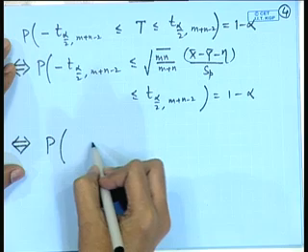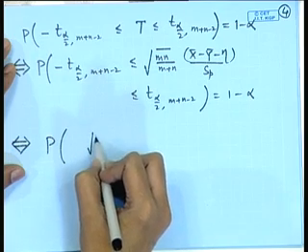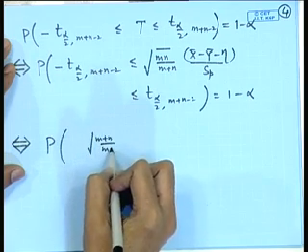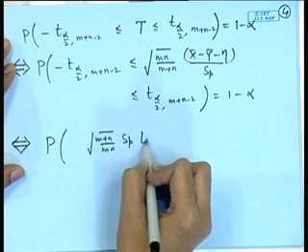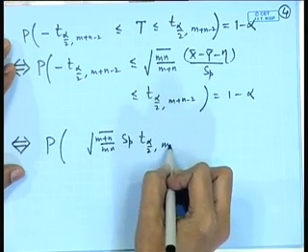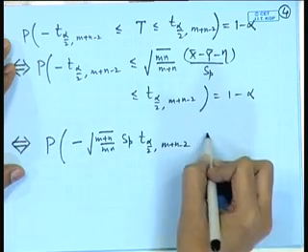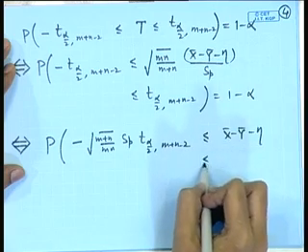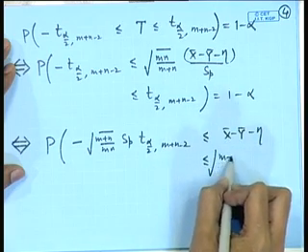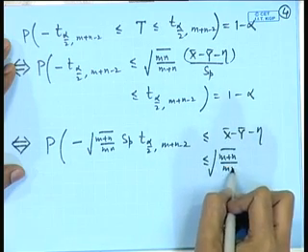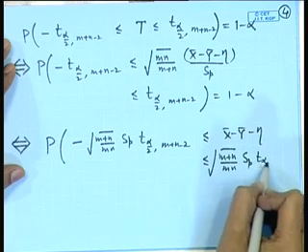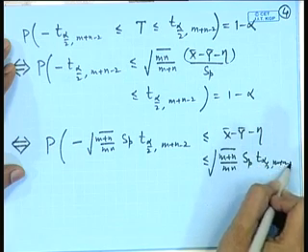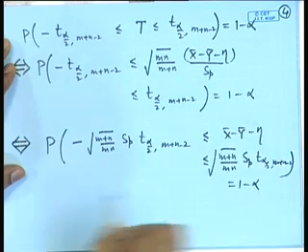So, this is equivalent to minus root m plus n by m n S p t alpha by 2 m plus n minus 2 less than or equal to x bar minus y bar minus eta less than or equal to square root m plus n by m n S p t alpha by 2 m plus n minus 2, that is equal to 1 minus alpha.